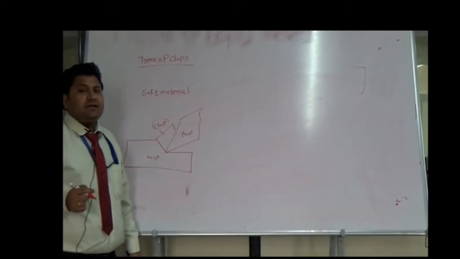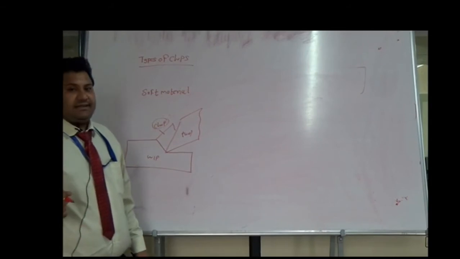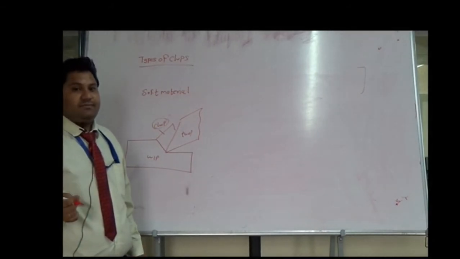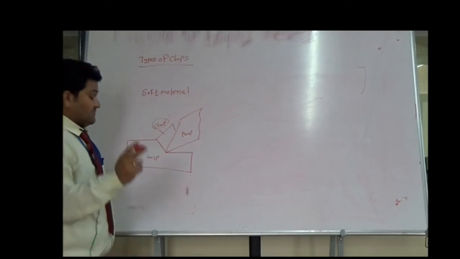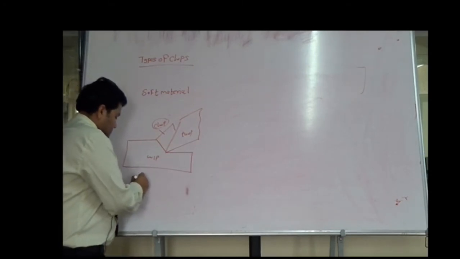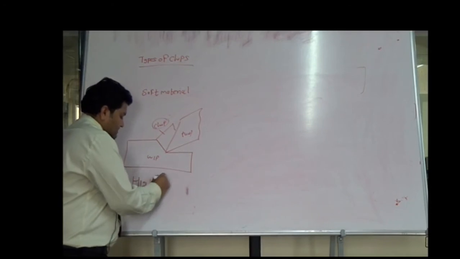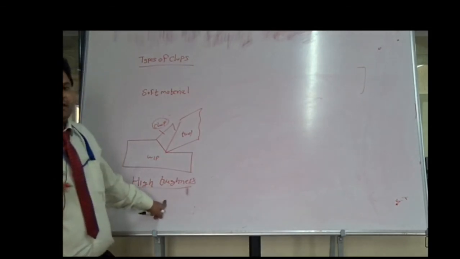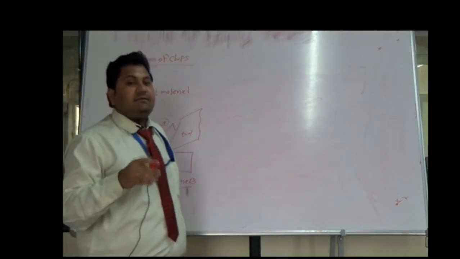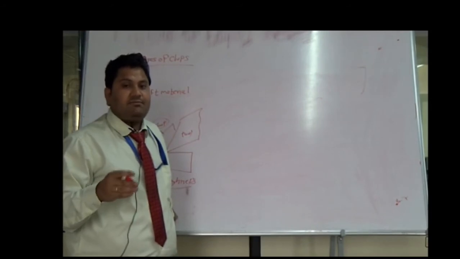Because of the properties of the soft material. So, what are the properties of soft materials? The first property is high toughness. Because of this high toughness, when machining takes place, the bonds break in the form of energy.